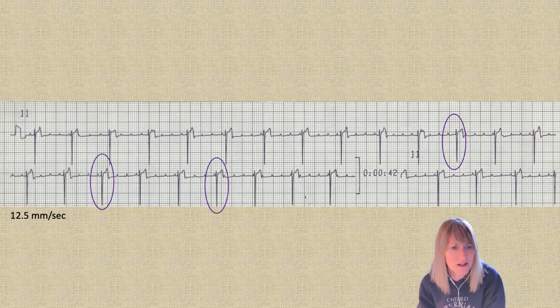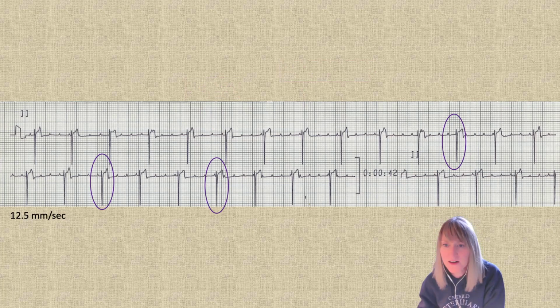And if we look to the very far left, what you'll see is a P to QRS relationship that looks somewhat normal. But then if we move to the oval in about roughly the center of this ECG on the second line, you'll see that the P wave and the QRS are kind of crashing into each other.